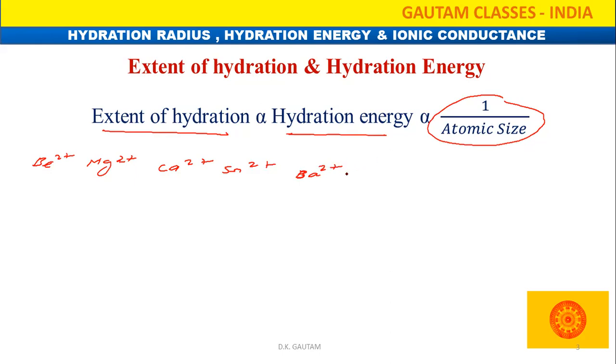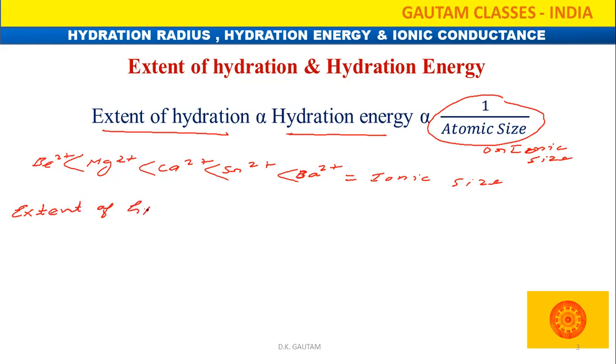What is the ionic size order here? In the ionic size order, barium has the maximum, then after that this one and that one. So beryllium has more tendency to aggregate water molecules around itself. So definitely the extent of hydration for beryllium will be the highest. So what is the order of the extent of hydration?